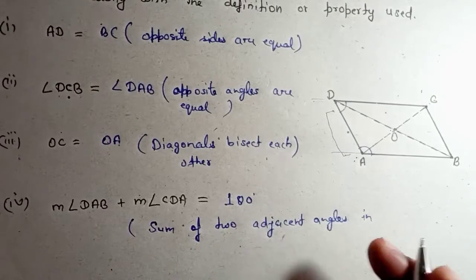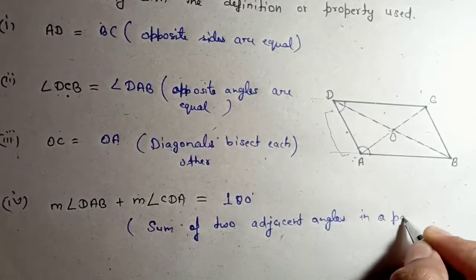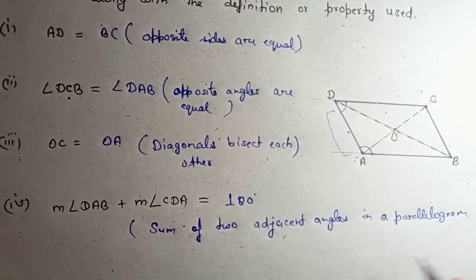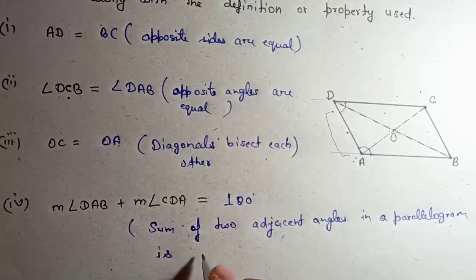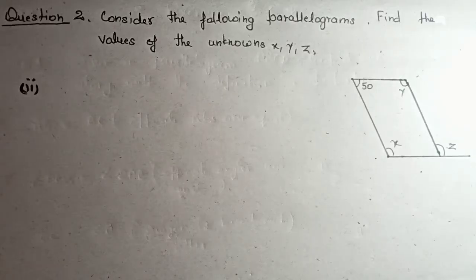So sum of two adjacent angles in a parallelogram is equal to 180.